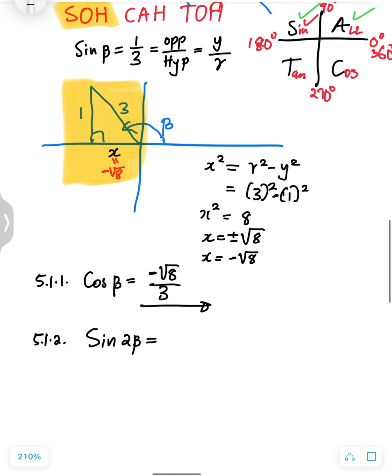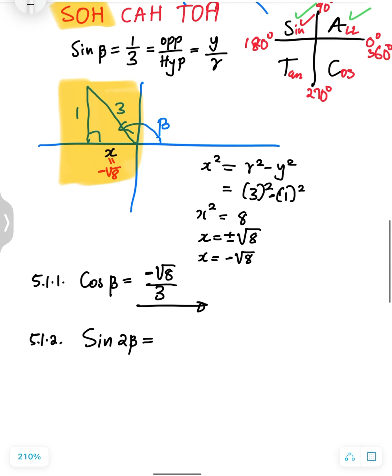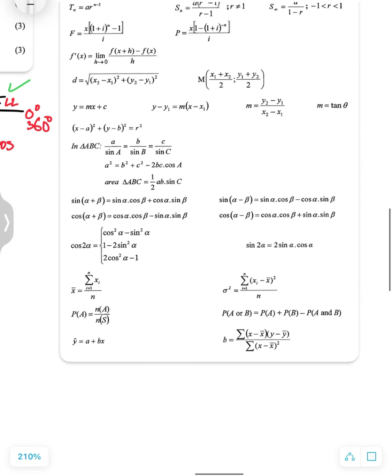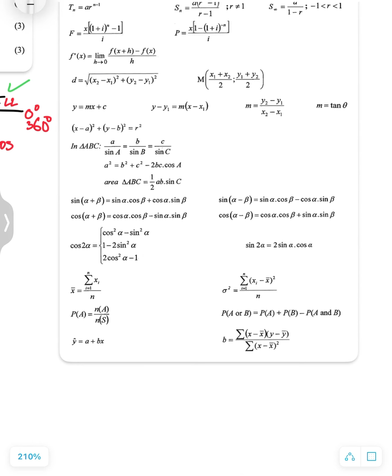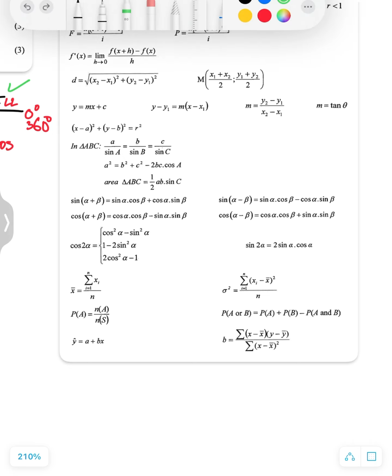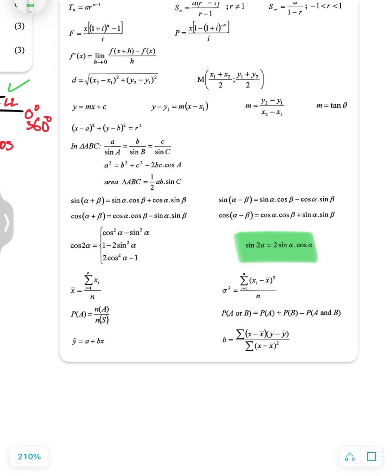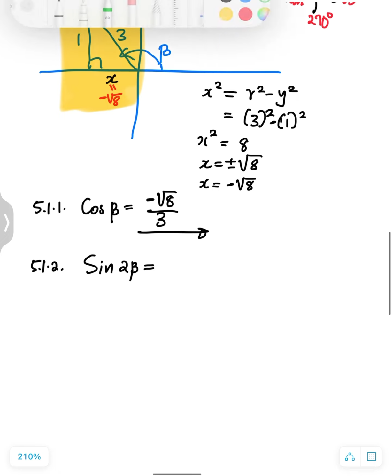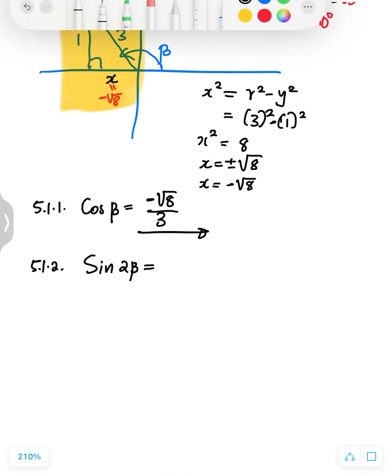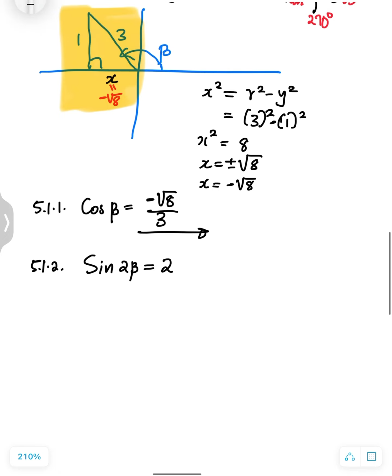But we know there's a trigonometric identity for the double angle, sine 2 beta, which is equal to 2 sine beta multiplied by cos beta. I'm going to use that to break it down to one angle. So we have 2 sine beta multiplied by cos beta.